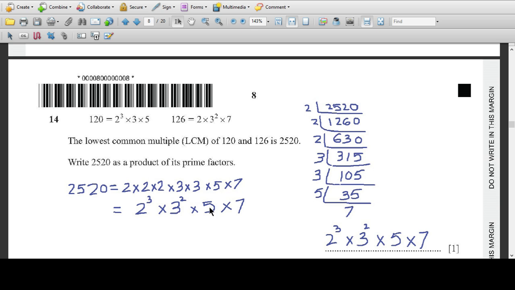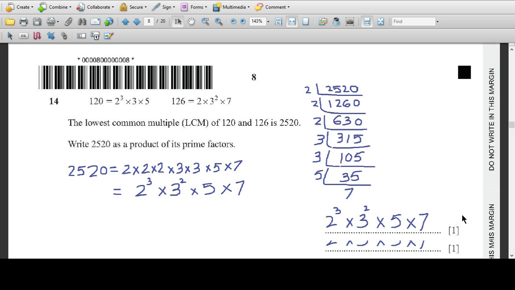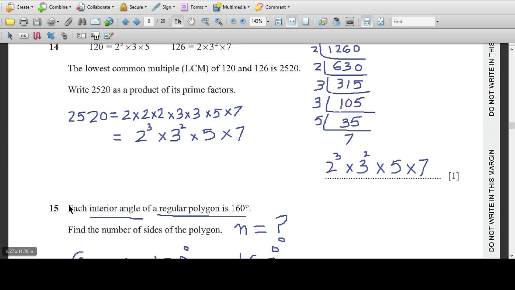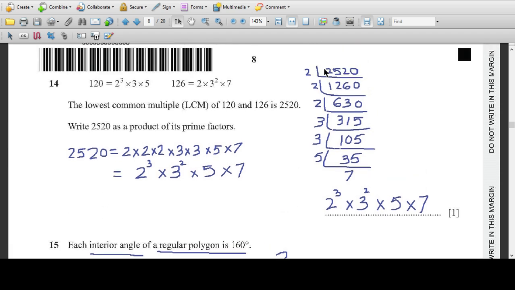So these are the prime factors which can be written down. We have also solved it separately, so this is also possible. If we take the division with all possible divisions, we can see that there are 3 2s and 2 3s and 1 5 and 1 7.